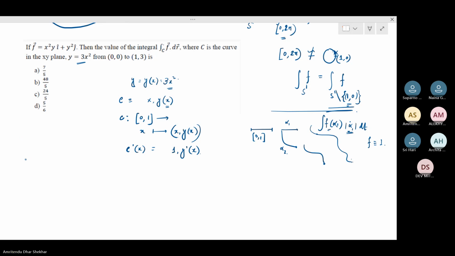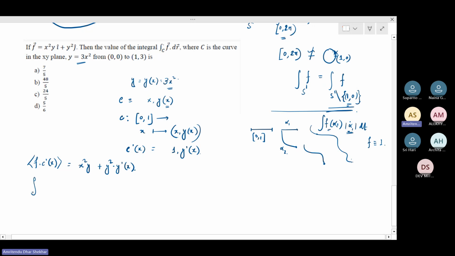So your f dot c dash x is equal to x squared y plus y squared times y dash x.